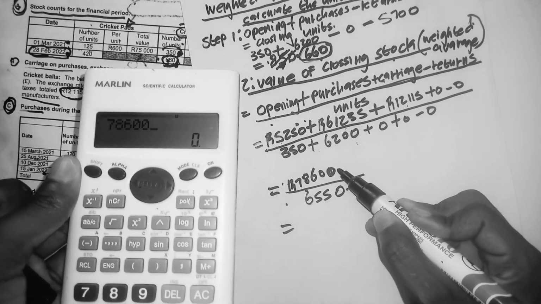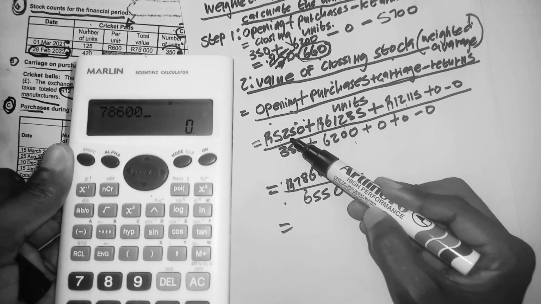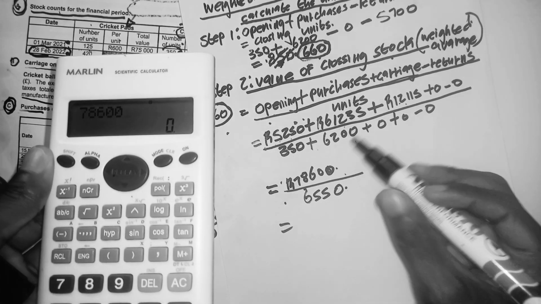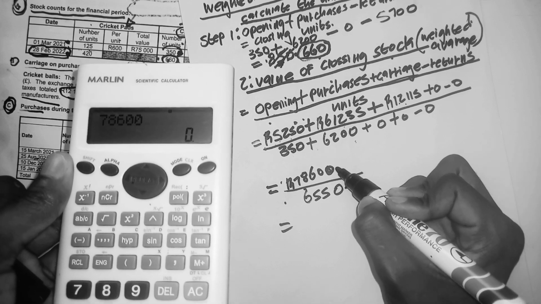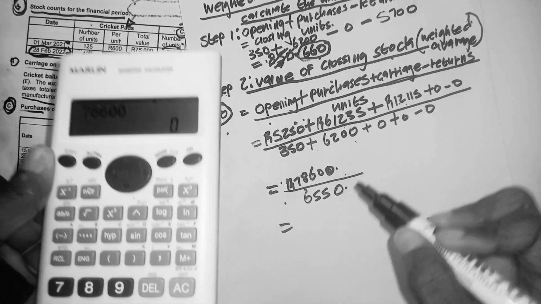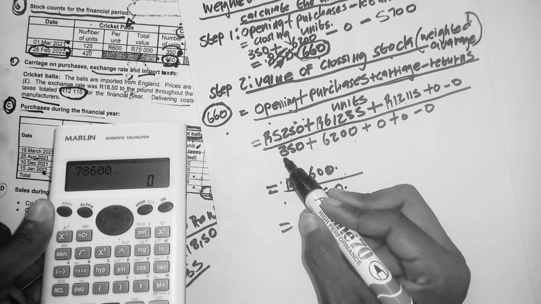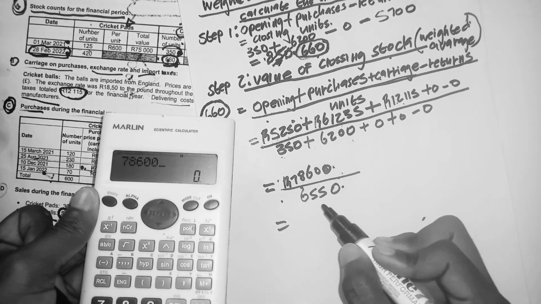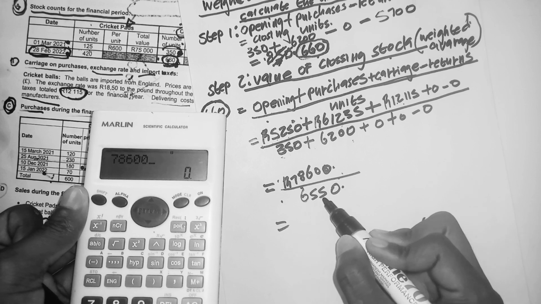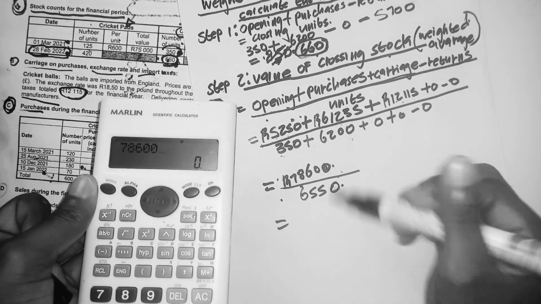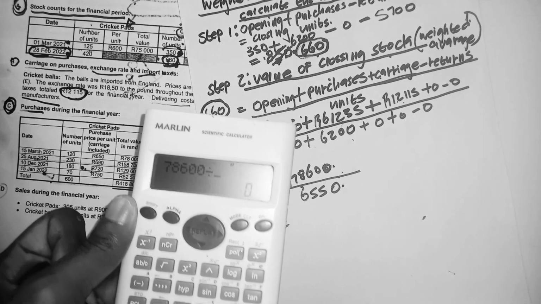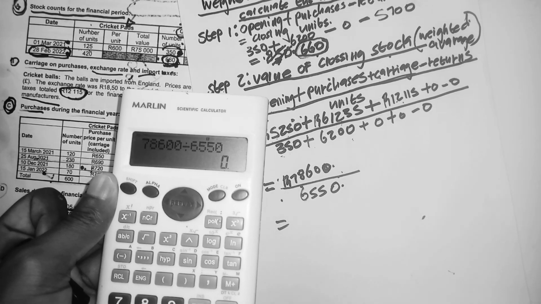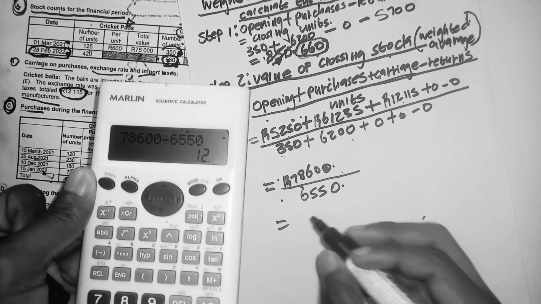That's the total value of our goods when we take the opening plus the purchases plus the taxes, which means our goods costed us 78,600. Then we divide by the total number of units for these goods. How many are those goods? We found out they are 6,550. So we take the total value, divide by the number of goods, which is 6,550. So we get 12 rand.